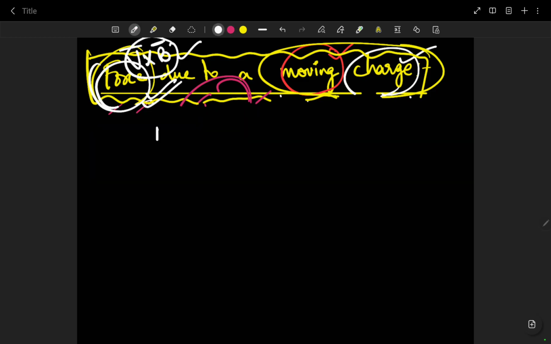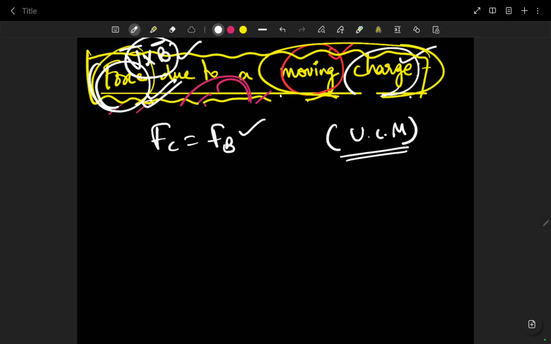So now I can say that centripetal force is actually equal to magnetic force in this case, right? Because it is UCM, uniform circular motion in this case. That means the charge is actually traveling with constant speed but definitely changing directions, right?